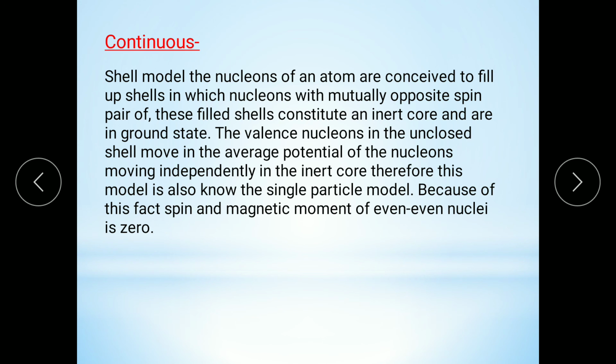When Z is even and N is even, the total A is also even. Then, as one is up state and one is down state, there is a total cancellation. After placing all the nucleons on the basis of their spins, the resultant spin of that nucleus should be 0.